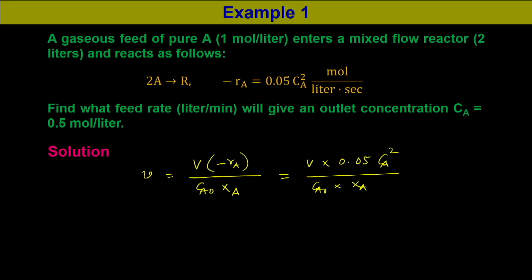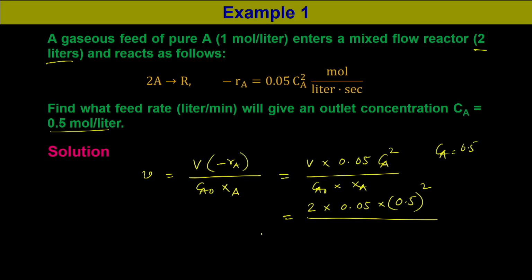Now, if we substitute the values, the volume is given as 2 liters. So, the reactor volume is 2 liters. So, 2 into 0.05 into 0.5 square, since C A is equal to 0.5 mole per liter, divided by C A naught, initially 1 mole per liter.